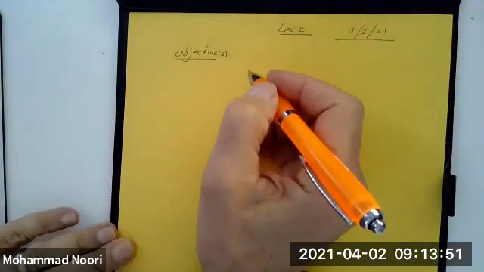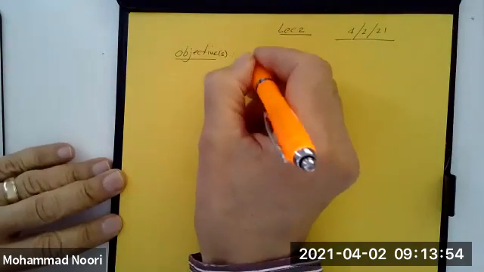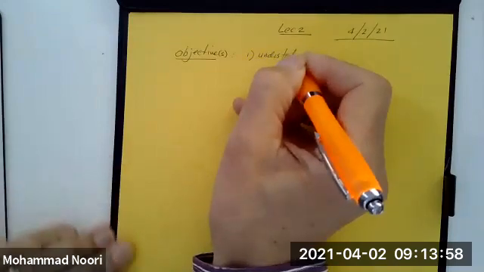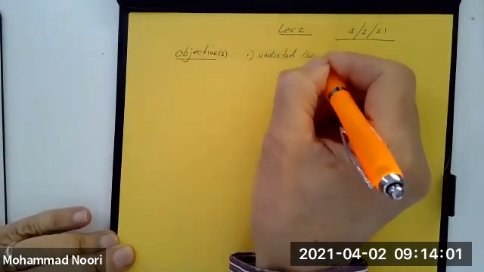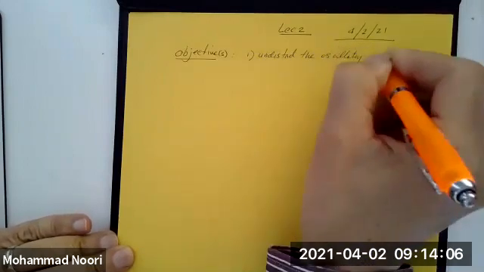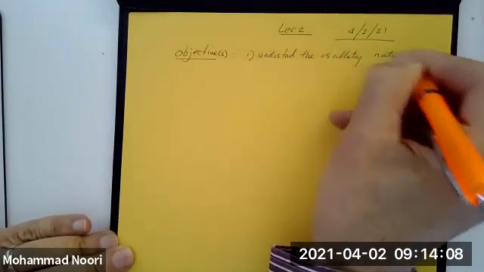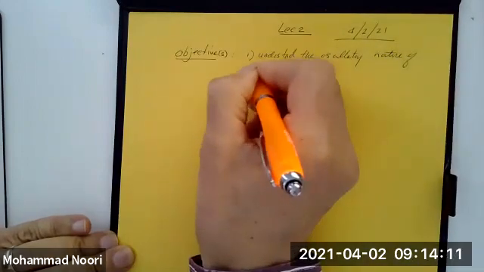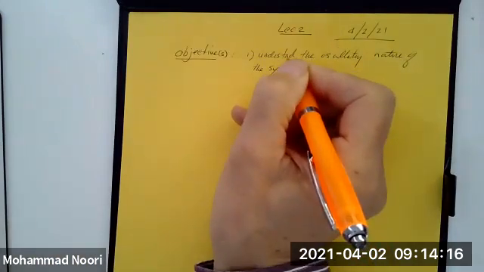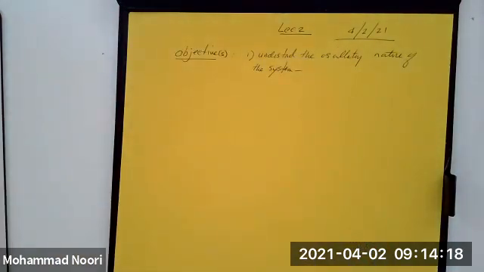So the first objective is we want to understand the oscillatory nature of the system. That is, when a structure is subjected to an external force, what happens? How is the system going to behave under the action of that load?